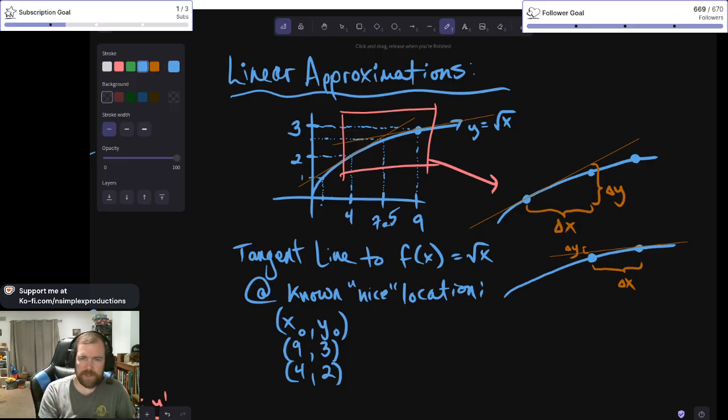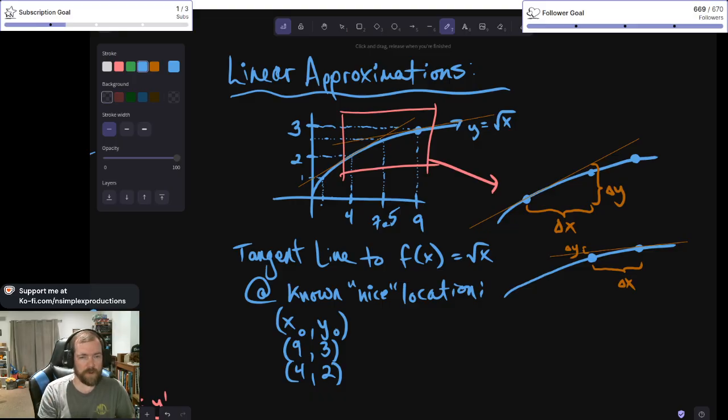Just get something that's nice-ish, something you can plug into the function and get an answer back immediately. You don't have to think about it. You know what it's going to get.